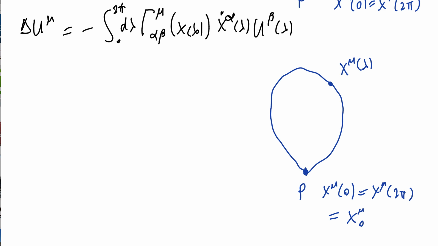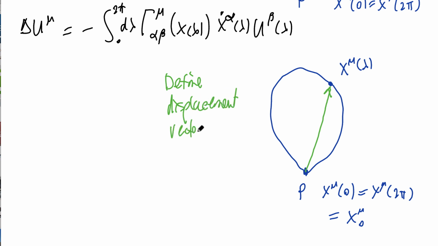And what I want to do is to find now a displacement vector. So let's define the displacement vector which we'll call v mu. So v mu, and it depends on lambda, is just x mu of lambda minus x mu 0. Okay, and now v is going to be small because this loop is infinitesimal.